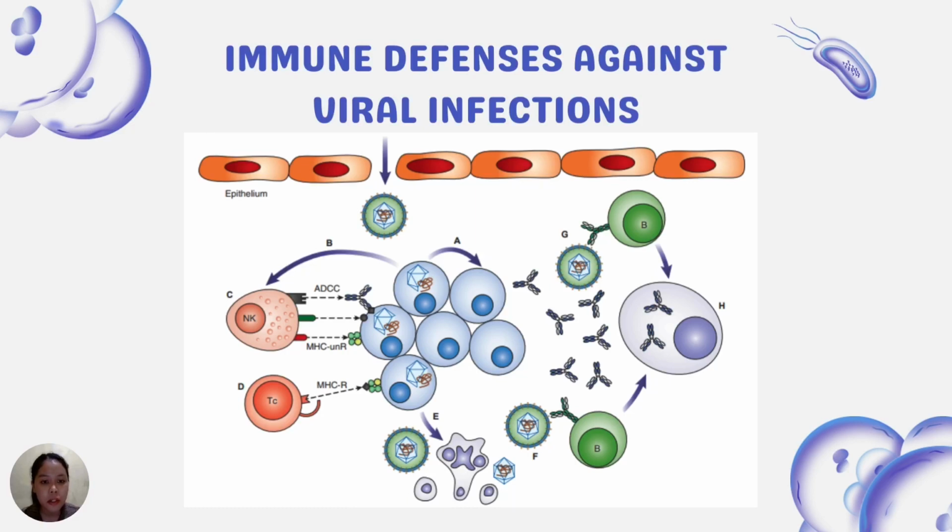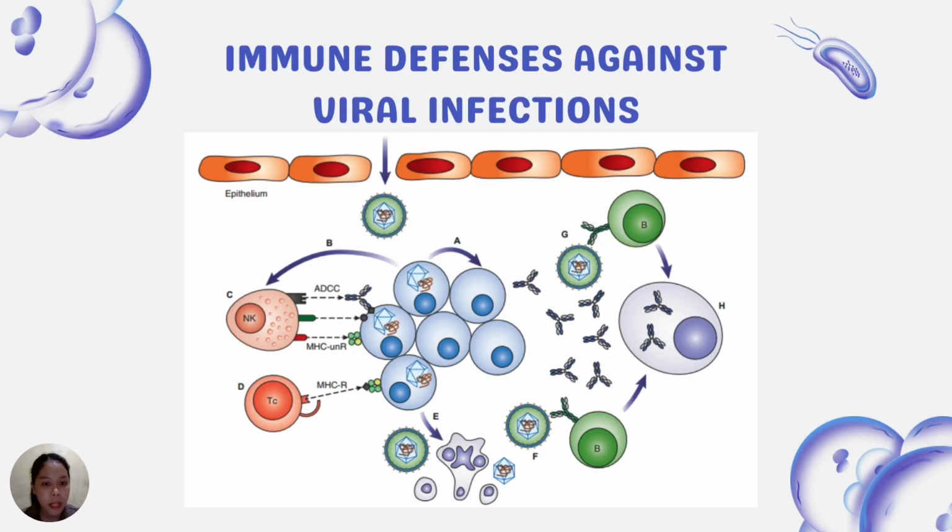Dun po sa interferons alpha, magbabind po yan sa ating host cells. Yan po yung mga cells natin. Tapos ang mangyayari po dyan, yung virus, pupunta po siya sa mga cells natin. Ang gagawin nitong interferons alpha, pupunta rin siya dun sa ating cells para yung mga virus na dumidikit dun sa ating host cells, ang gagawin po ng interferons ay magsisikret din sila ng mga product or ng mga proteins na makakapag-degrade doon sa nucleic acid at proteins na meron yung virus na pumasok dito sa ating body.